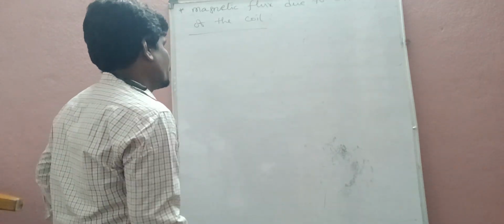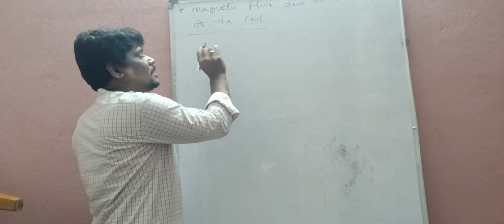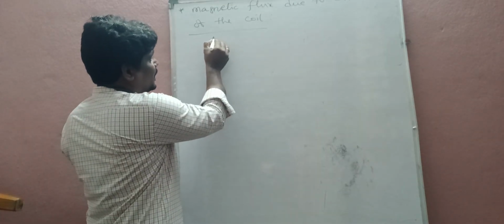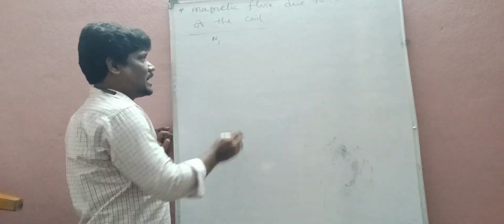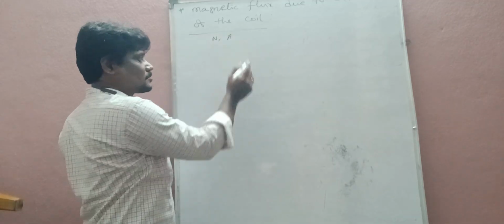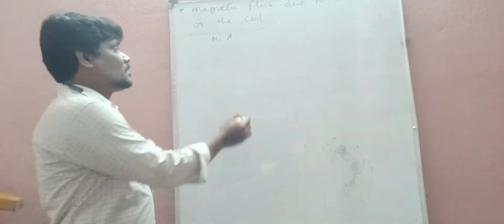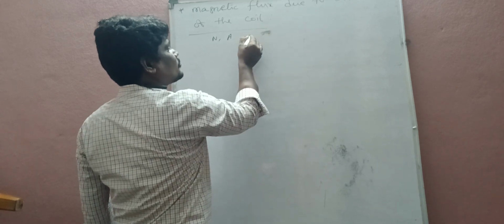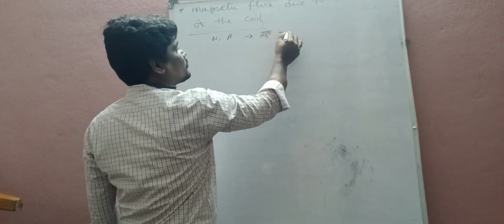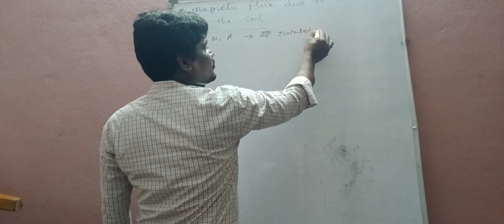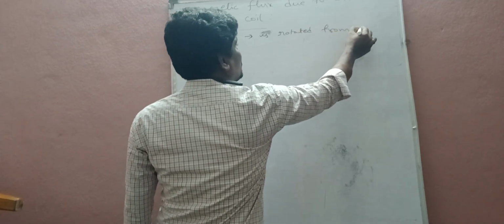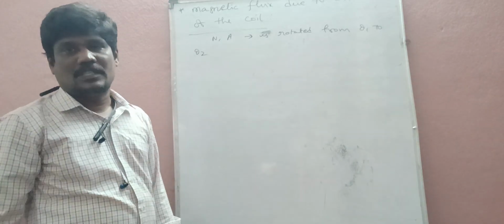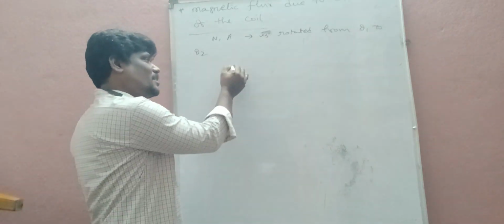For example, here a coil has N turns and area of cross section A, and is rotated from theta 1 to theta 2. Then what is the flux?